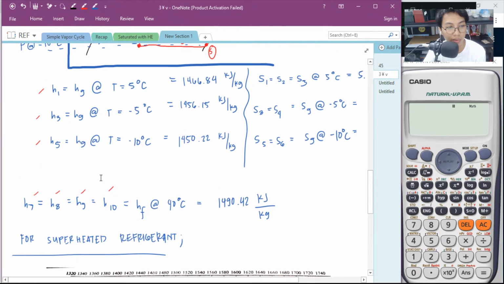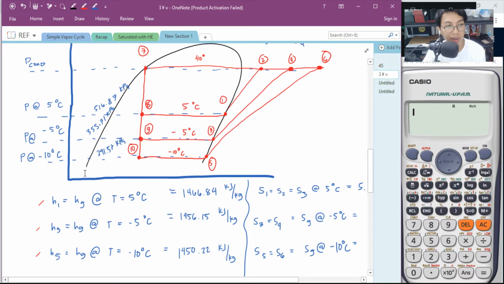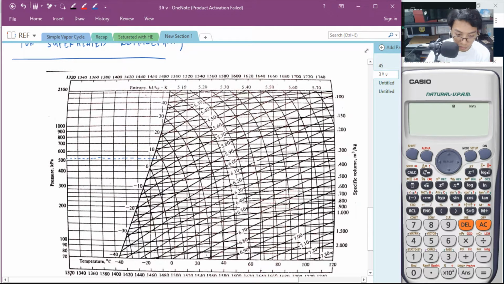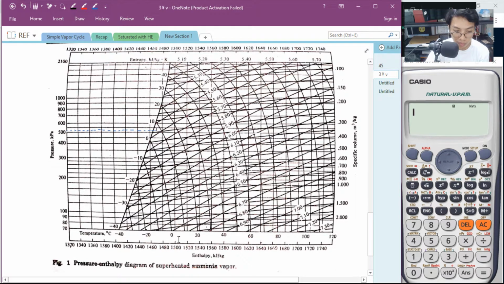Unahin natin itong si pinakamataas na pressure, 516. 516, mga nandito. So, trace mo dito. 516.87, nandito siya somewhere. Tapos temperature niya, 5 degrees Celsius.